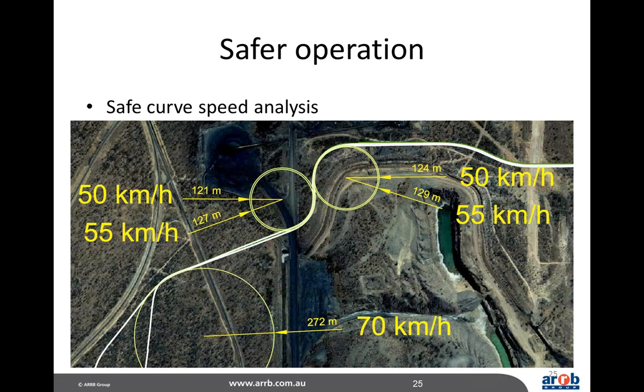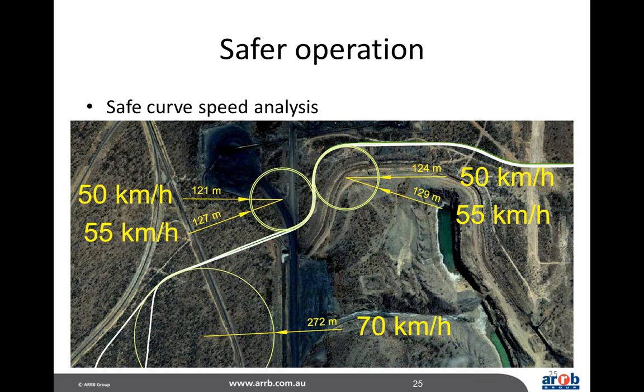This shows that for those curves in the range of 120 to 130 metres radius for a certain vehicle, speeds of no more than about 50 or 55 kilometres an hour were found to be safe. But on a much larger curve along the same route, 70 kilometres an hour was a safe enough speed for that vehicle.